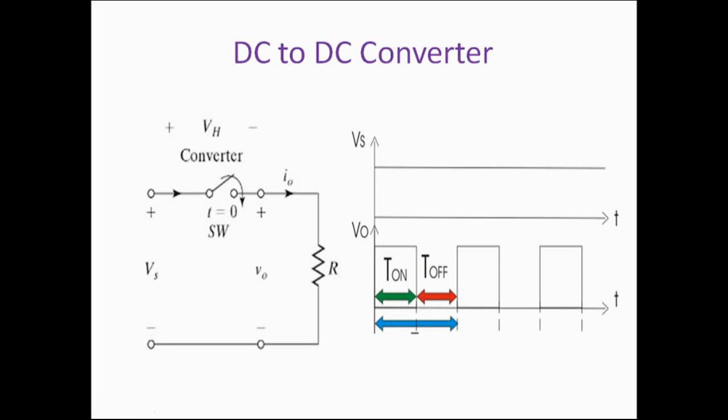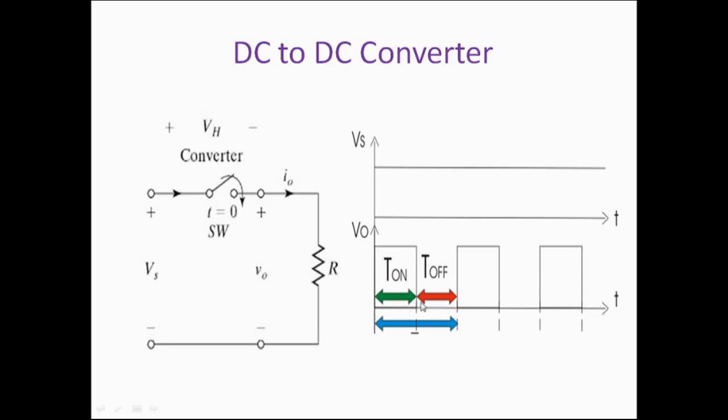If you take the average of this voltage, what happens? If the value is 10, how much is the average? It is 5 only. Average means what? Here there is a 10, for the same duration 0, 10, again 0.